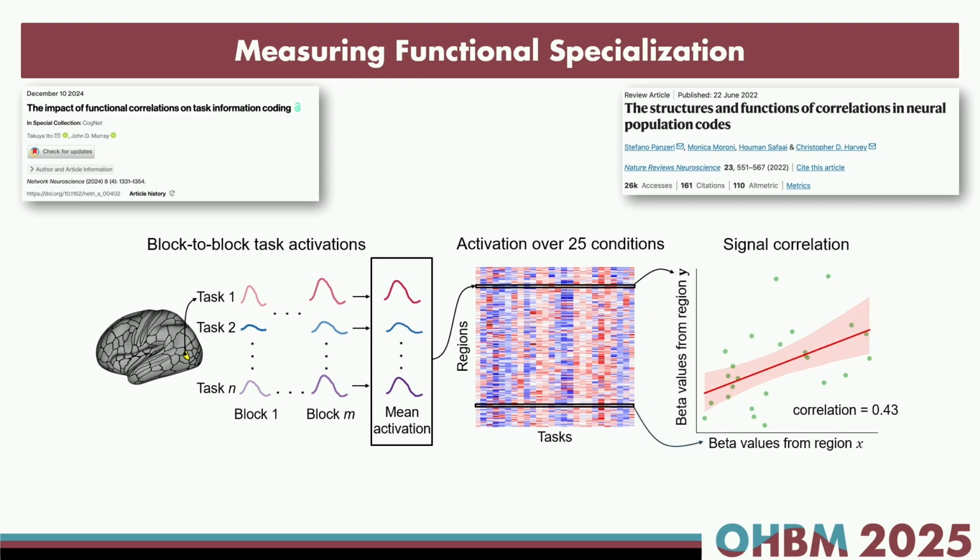Then we correlated these activity patterns of each brain area and called it signal correlation because it measures the correlation of brain activity patterns.